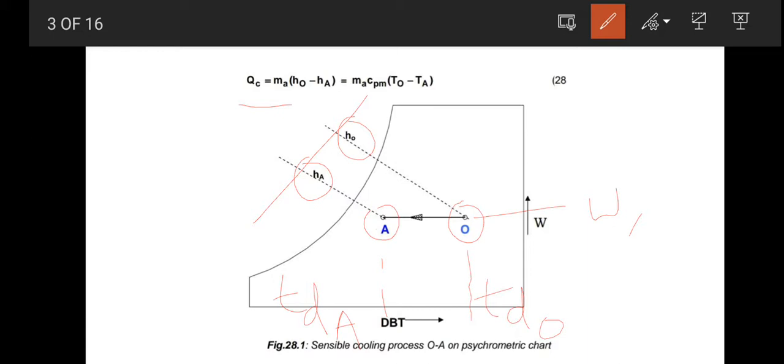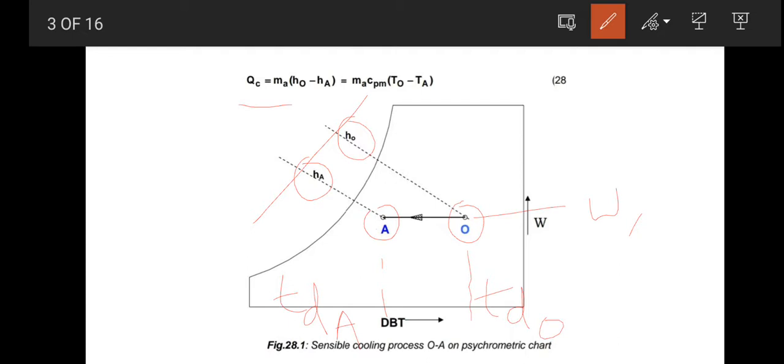MA is the mass flow rate of dry air, HO is the enthalpy at point O, and HA is the enthalpy at point A. Similarly, this is equal to MA CPM times (TO minus TA). Here TO is the dry bulb temperature at point O, TA is the temperature of air at point A, and CPM is the humid specific heat.